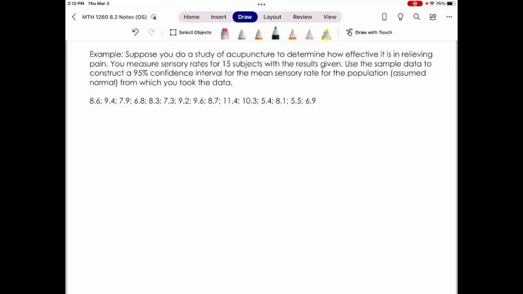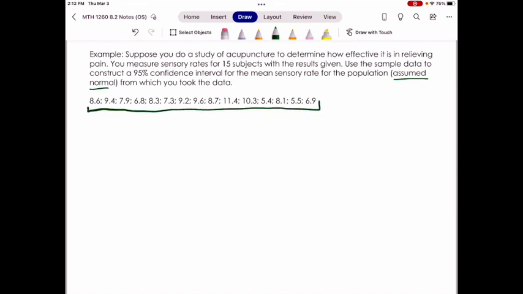In the next example, it says, suppose you do a study of acupuncture to determine how effective it is in relieving pain. You measure sensory rates for 15 subjects with the results given. We're going to use the sample data to construct a 95% confidence interval for the mean sensory rate for the population, assumed to be normal, from which you took the data.